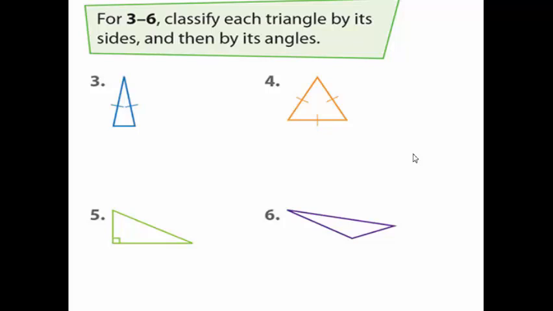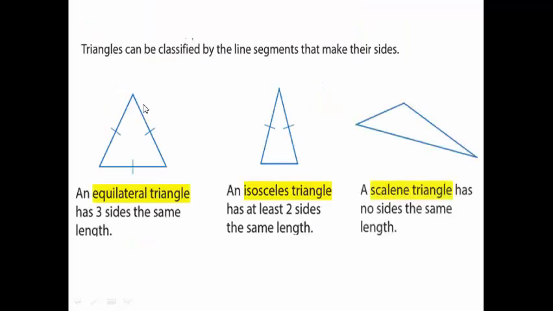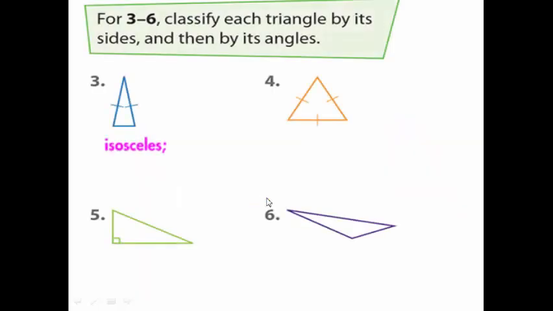We have here question number 3. We have this triangle. It contains two equal sides. If I have two equal sides, what do you call it? Isosceles. And we have three acute angles.